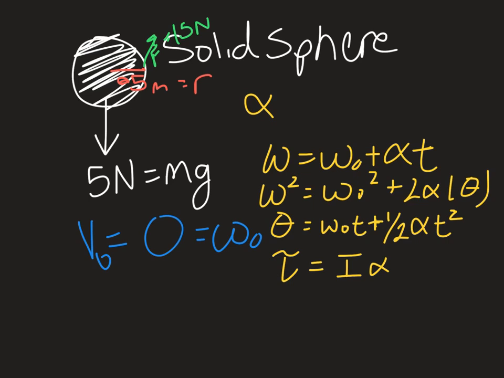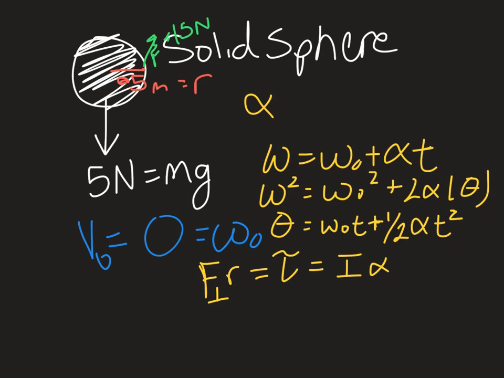So far we have no indication of time, nor do we know how many times the globe is going to spin around. So I think I'm going to base my information on our bottom equation down here. And I'm also going to recognize that torque is a perpendicular force and a radius.